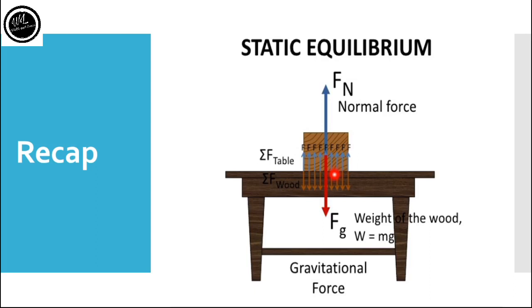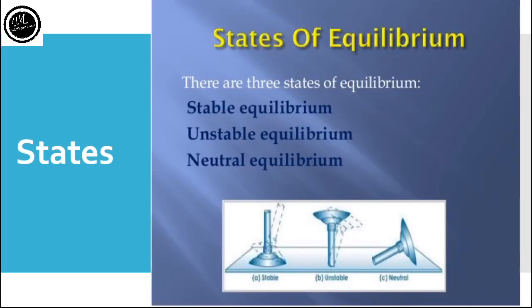So it satisfies the first condition of equilibrium. As you can see, the block is balanced, which means the clockwise moment is equal to the anti-clockwise moment. So it also satisfies the second condition of equilibrium, that the sum of all the torques acting on a body is equal to 0. Moving on to today's topic, that is, states of equilibrium.